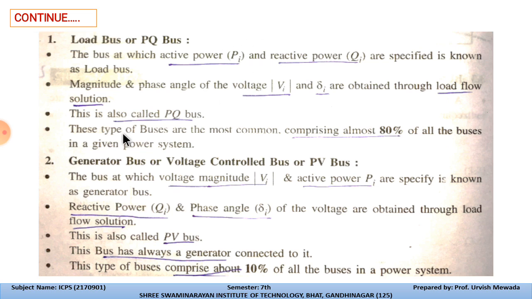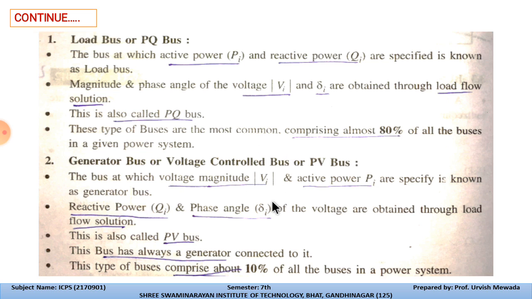Now second is the generator bus, or voltage control bus, or we can say PV bus. The name of this bus is PV bus. The voltage magnitude Vi and the active power Pi are specified, and the rest of the 2 terms, Qi and delta i, need to be solved with the help of the load flow solution.